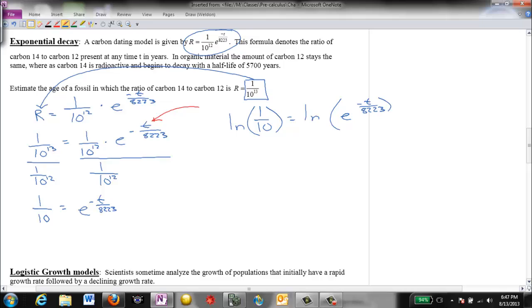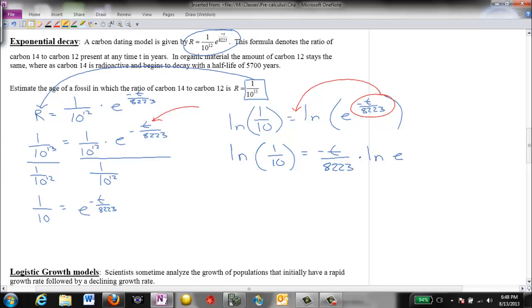Oops, need a bigger parentheses. Okay. Then using the power property, I can take this exponent and I can pull it out front of the natural log. Okay, so what I have now is the natural log of 1/10 equals negative t divided by 8223 times the natural log of e.